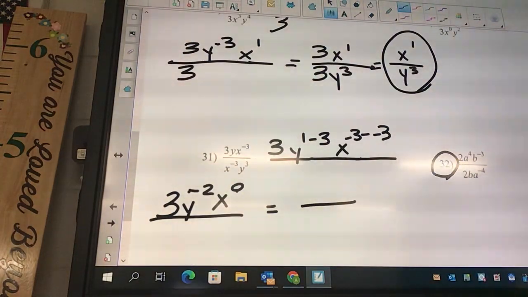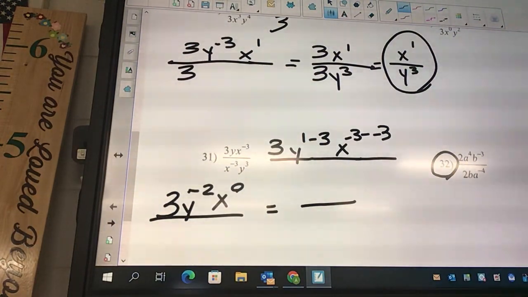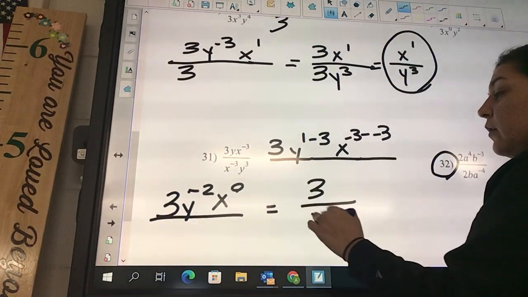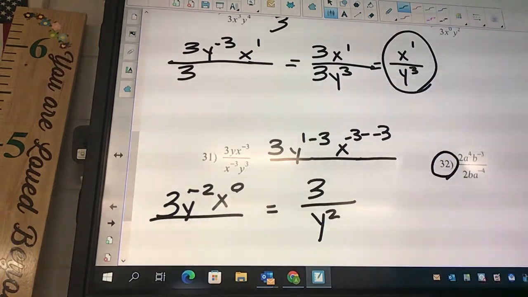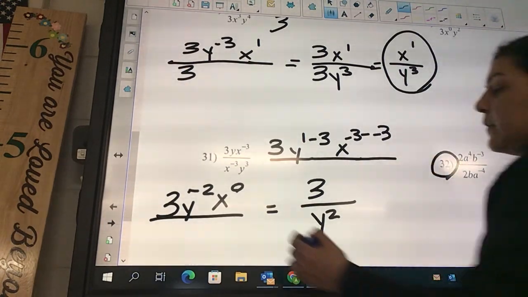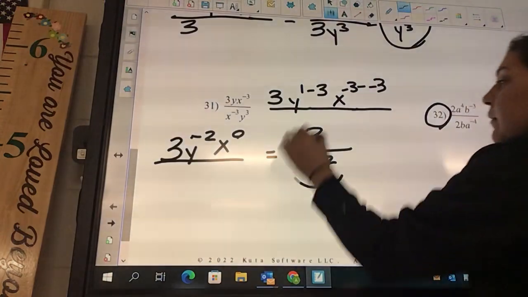So we got 3, y to the 2. What happens to the x to the 0? It cancels out.